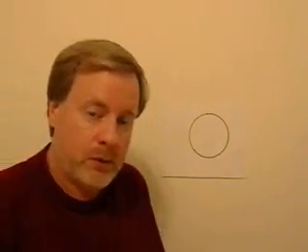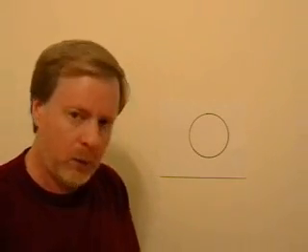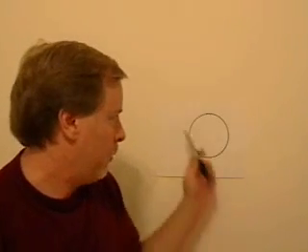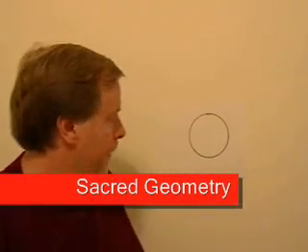Now, there's all kinds of research that you can do with the virtual cone pendulum, but one of the basic principles here is that we have created a circle, and a circle is one of the foundational shapes in sacred geometry.